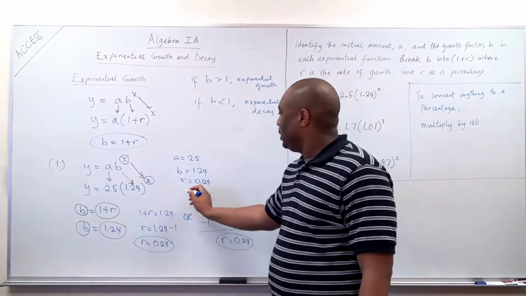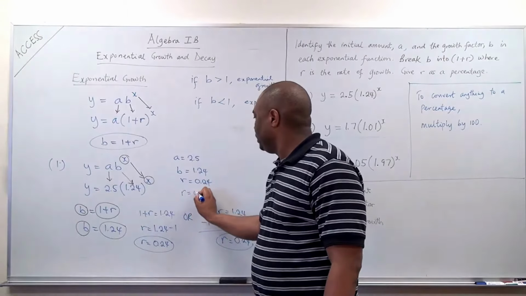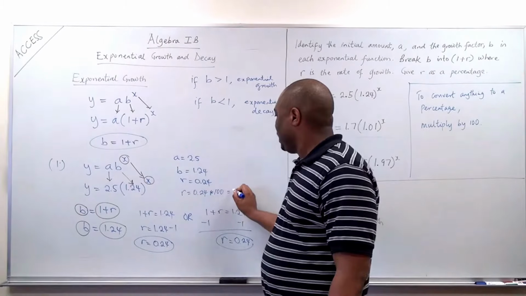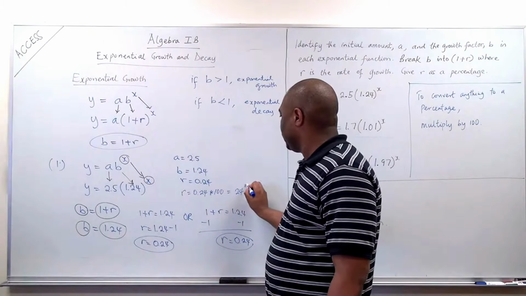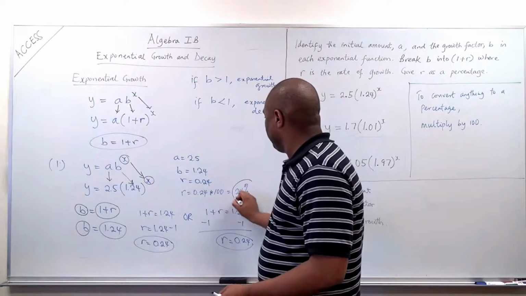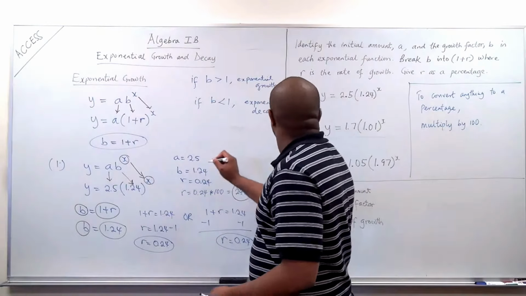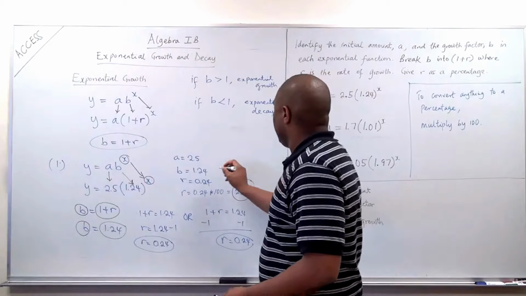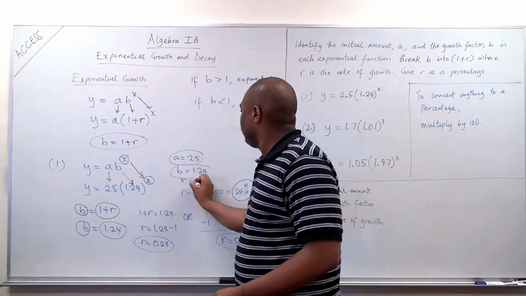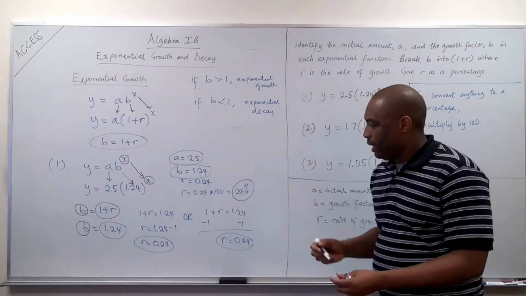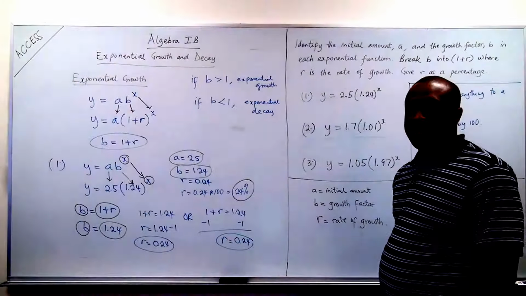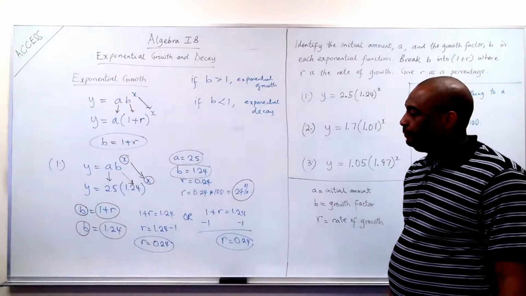So this R to percent will be 0.24 times 100, and that gives us 24%. And that becomes your answer. So our R is 24%, our A is 2.5, and our B is 1.24, and your R is 24%. That's it.